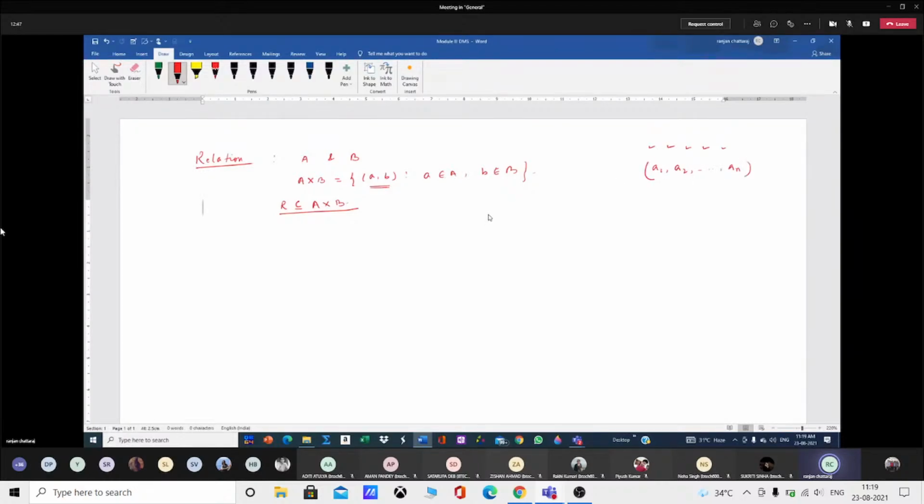Remember, this is a subset of some R, and it is denoted by R squared, but right now we are simply using R. So leave these terms. R is a subset of the elements from A cross B. And in the previous class we have discussed this one.